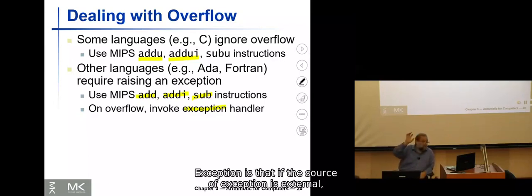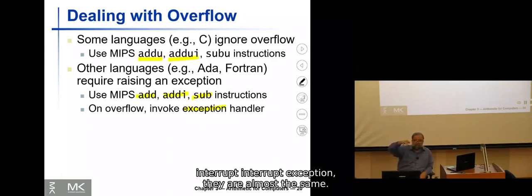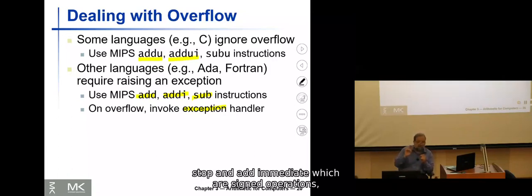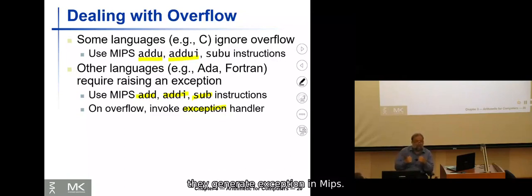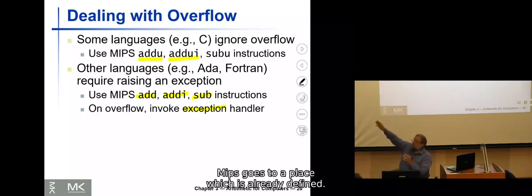If the source of the exception is external, we call it an interrupt. Have you heard of interrupt? No? Okay. If you have a microprocessor, you know interrupt. So interrupt and exception are almost the same. We don't go through the detail, but you should know that add, sub, and add immediate, which are signed operations, generate an exception in MIPS, and it means that when an exception happens, MIPS goes to a place which is already defined.